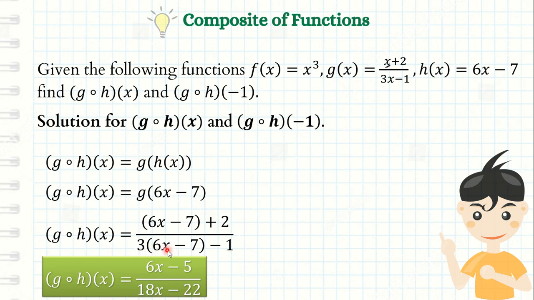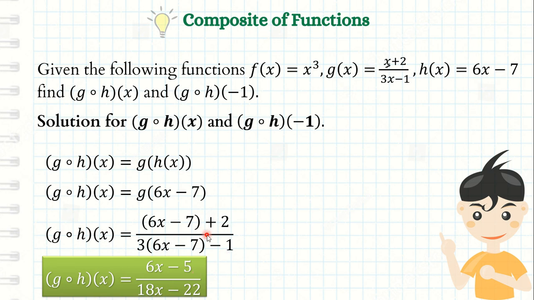So we will be having 3 multiplied to 6x, that would be 18x. And then 3 times negative 7, we will be having negative 21. And negative 21 can be added or subtracted here on negative 1. So negative 21 minus 1, kaya po meron tayong negative 22. So ganun lang po yung ginawa po natin.